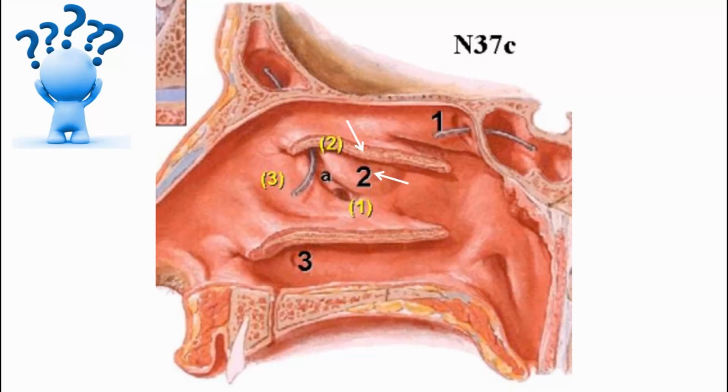This bulging is called bulla ethmoidalis.